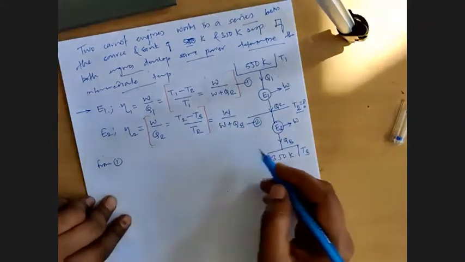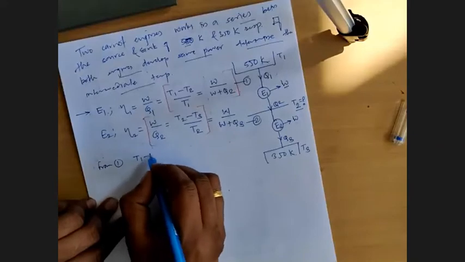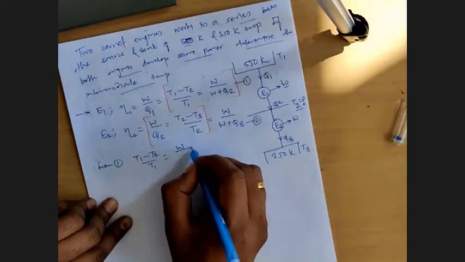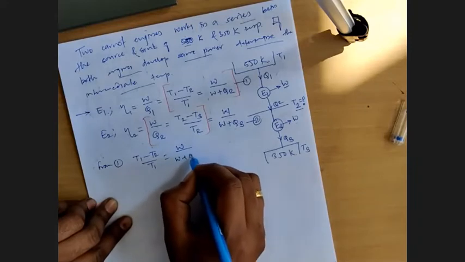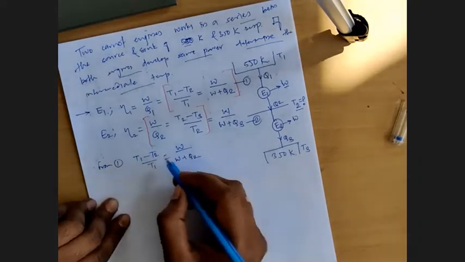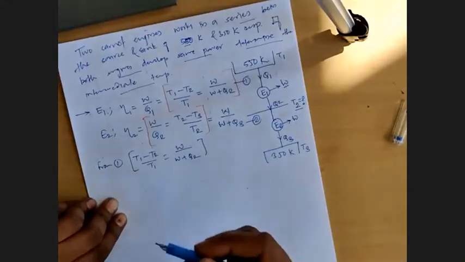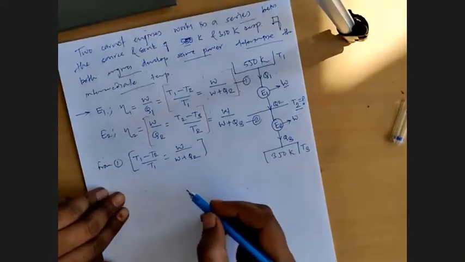Okay. T1 minus T2 by T1 is equal to W by W plus Q2. This is the bracket from equation 1. Let's try to simplify this one.